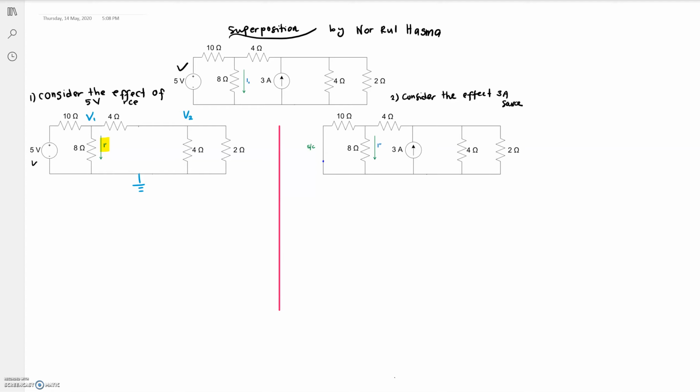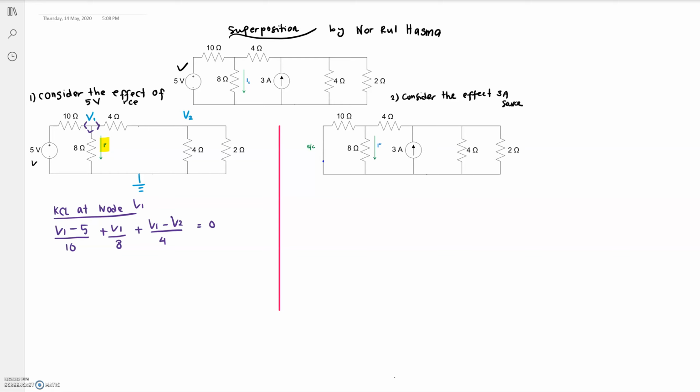KCL at node V1: V1 minus 5 over 10 plus V1 over 8 plus V1 minus V2 over 4 equals 0. This is the branch for the KCL equation.